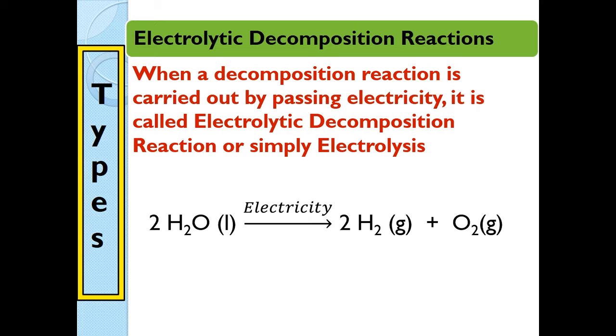Again, what we observe? Single substance breaking down into two simpler substances. Hence, it is also decomposition reaction, and this decomposition is taking place due to passage of electricity. Hence, it is called electrolytic decomposition reaction.